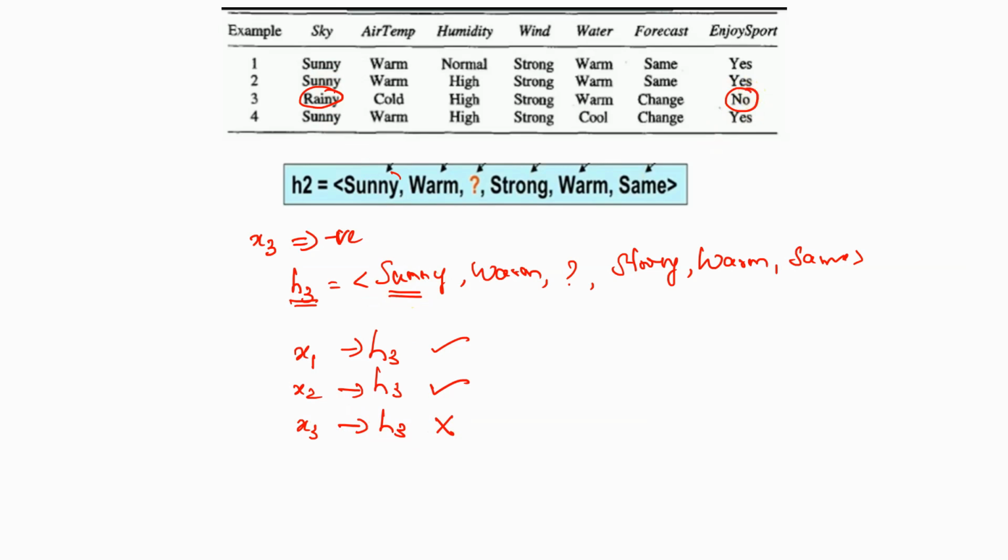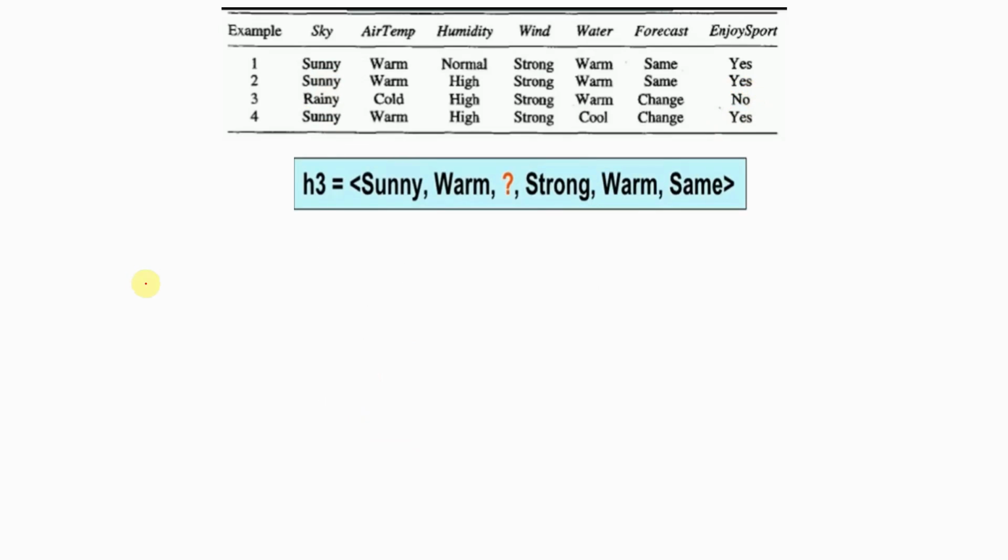Now we are moving to the next step, where hypothesis H3 is there. I am going to consider the input X4. X4 is positive, so we are going to rewrite H3. When I rewrite H3, H4 is equal to sunny, sunny, match, no problem.